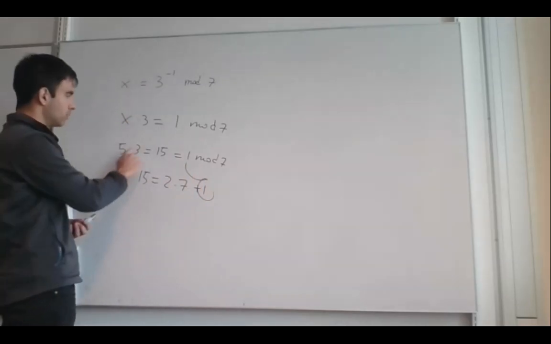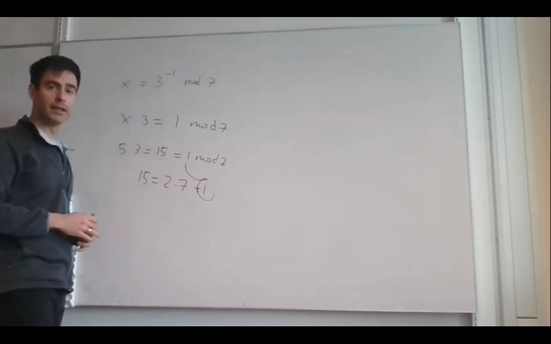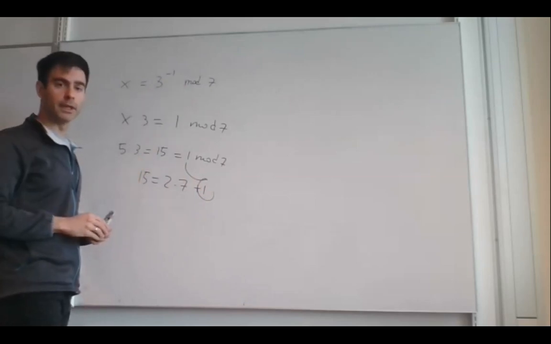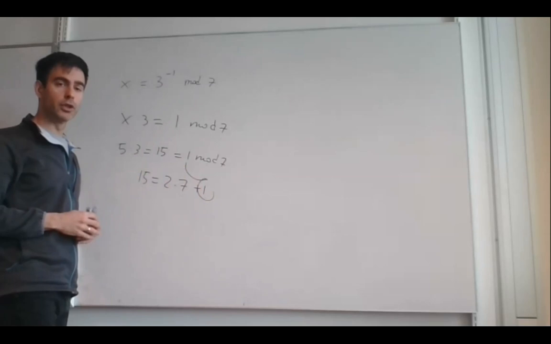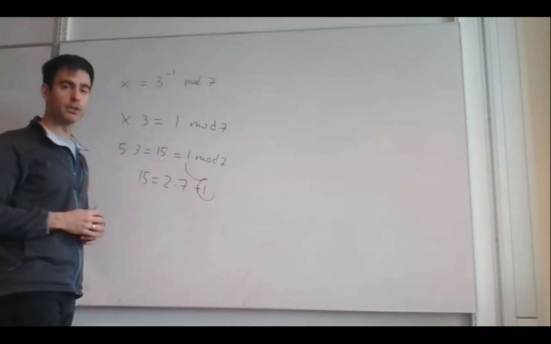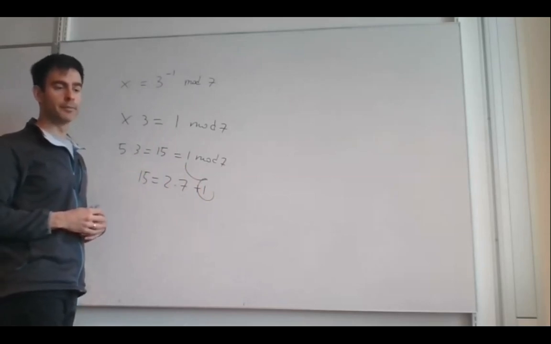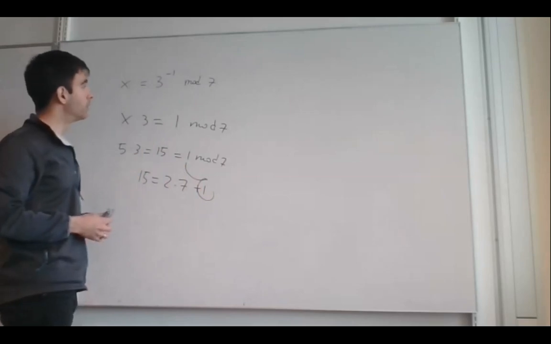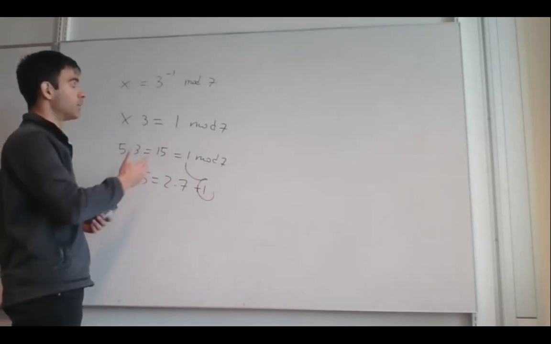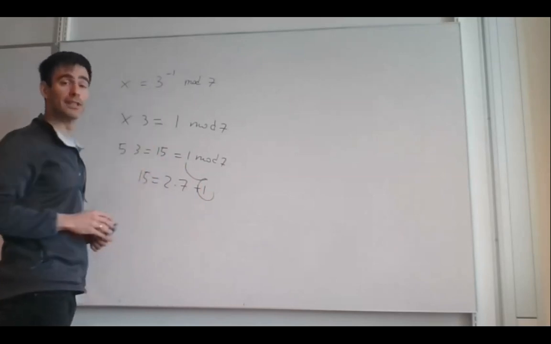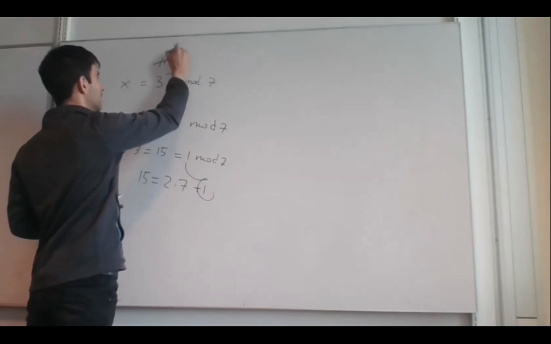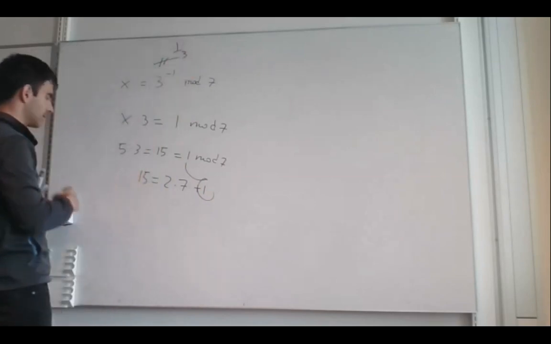So it was quite easy to do this inversion in my head. More in general, if you want to do inversion with modular arithmetic, there are algorithms that do that for you, and your programming language probably has some library for doing modular inversion. The most important thing here to remember is that if you implement some of these yourself, you should not divide. This is not 1 divided by 3 in the usual sense.